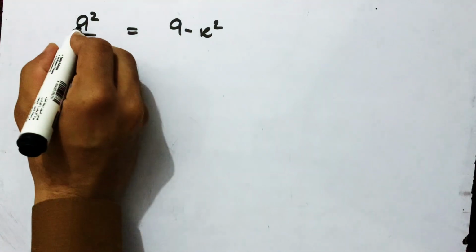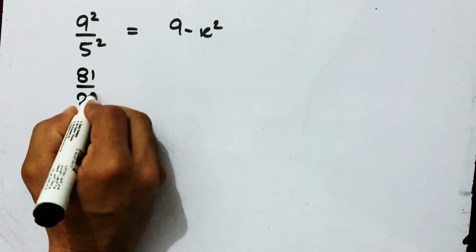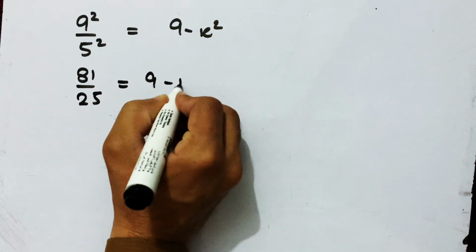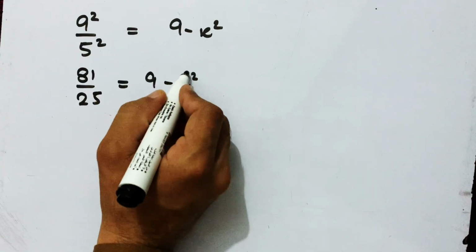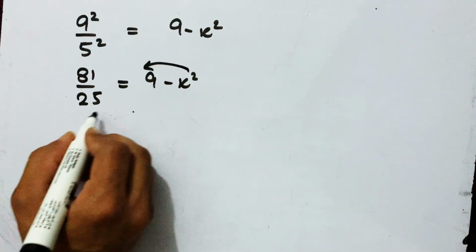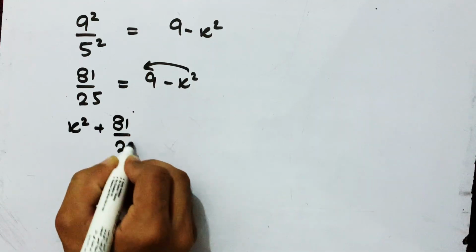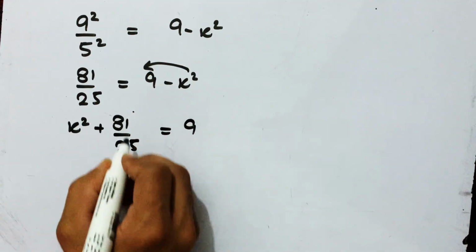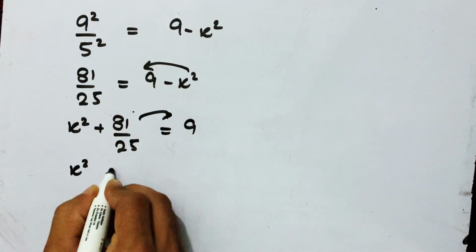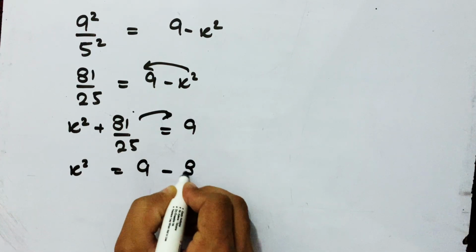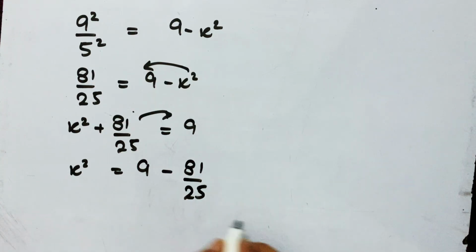So 9 square is 81 and 5 square is 25, that is equal to 9 minus x square. This term goes to the opposite side, so x square plus 81 divided by 25 is equal to 9. Then x square is equal to 9 minus 81 divided by 25. So I am taking an LCM.